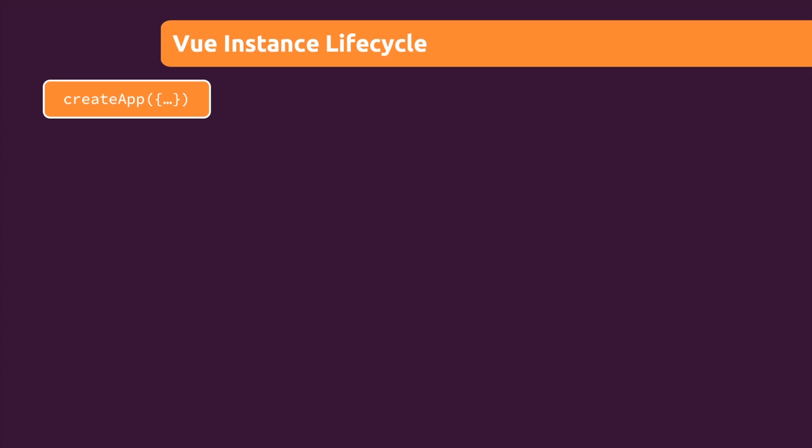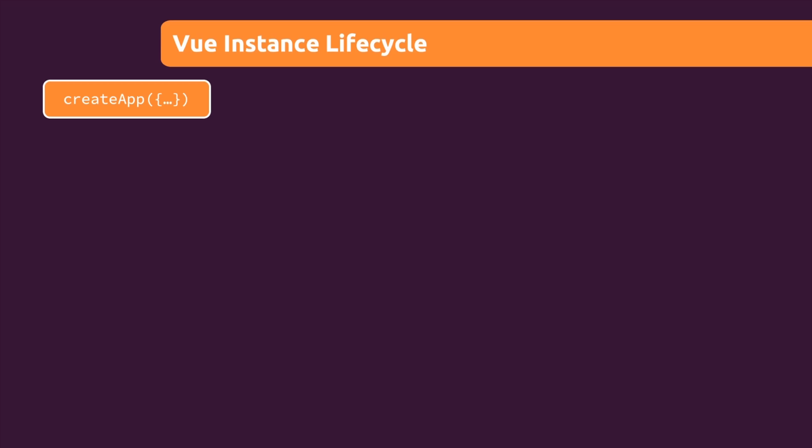Then, when it starts creating the app and starts bringing something onto the screen, it reaches a couple of lifecycle phases, which are also reflected in methods you can add to your Vue app configuration object to run code you might need to run at this point of time.